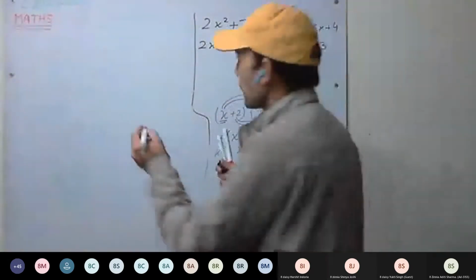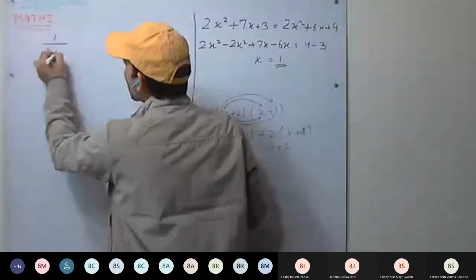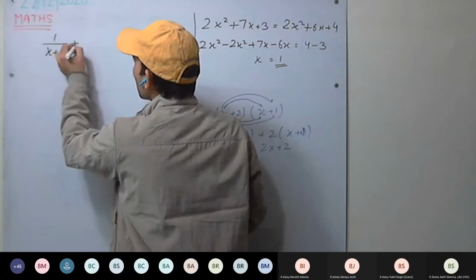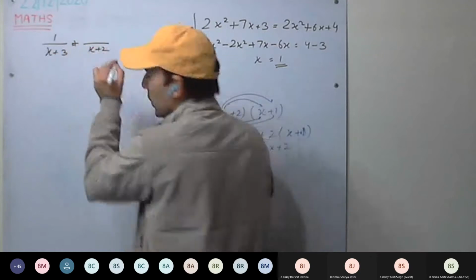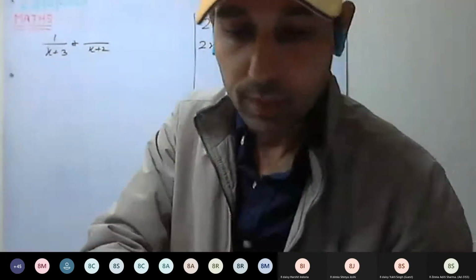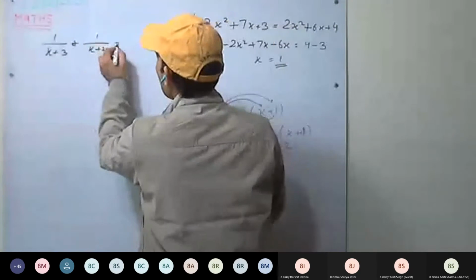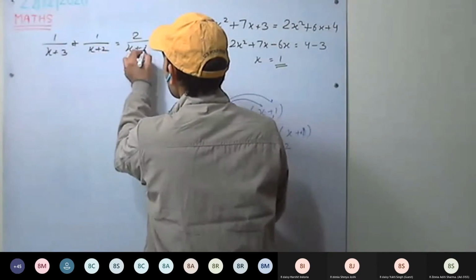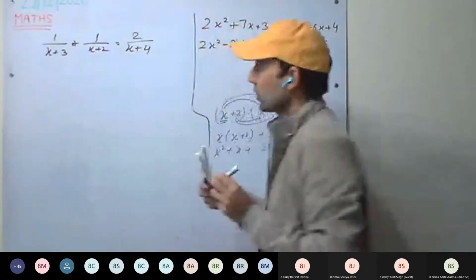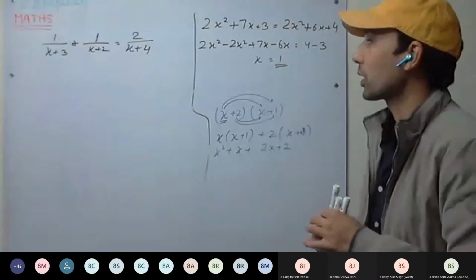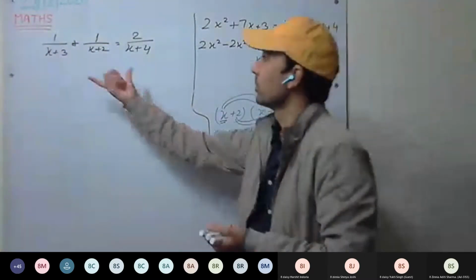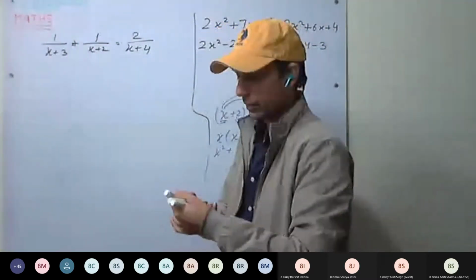Third question: 1 upon x plus 3 plus 1 upon x plus 2 equals 2 upon x plus 4. Okay, this is the question. Again, what you have to do? Take the LCM.